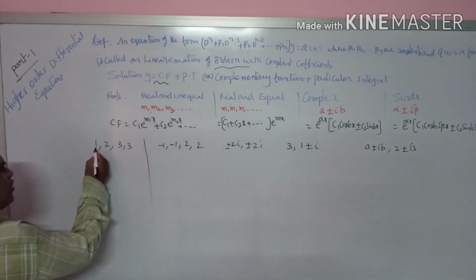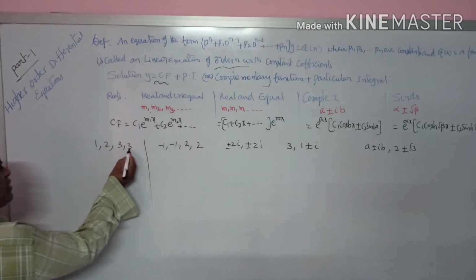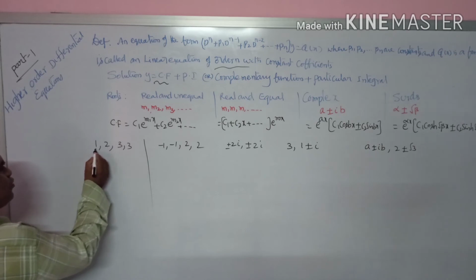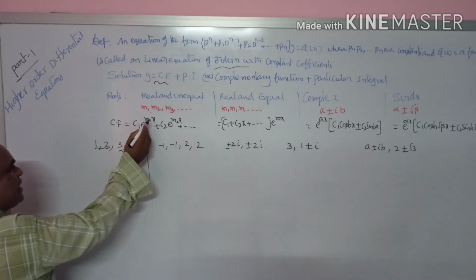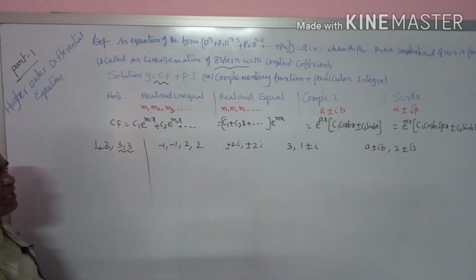Here you can see 1, 2, 3, 3. Next example: 2 roots are unequal, 2 roots are equal, a combination of real and unequal and real and equal.